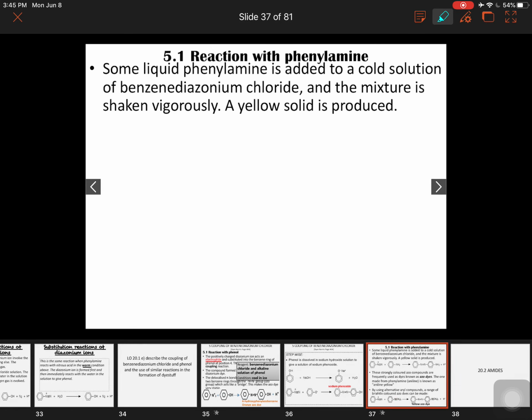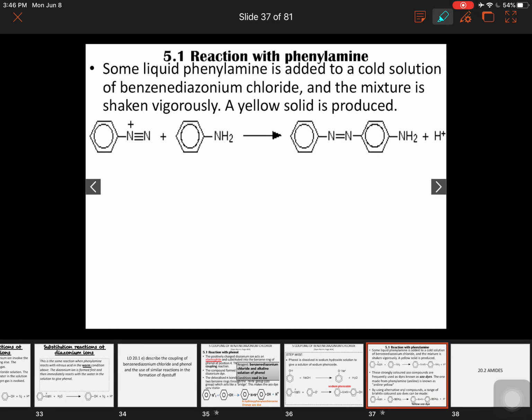This reaction works not only with phenol, but phenylamine works well for this reaction as well. So you have a benzene diazonium ion reacting with phenylamine, making sure that it is cold condition, otherwise your benzene diazonium ion will decompose even way before the reaction starts.